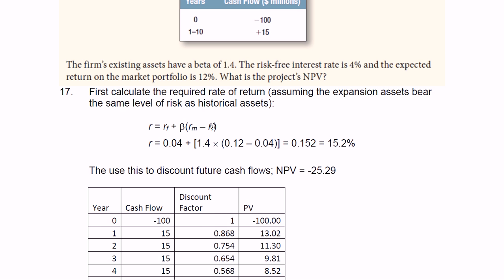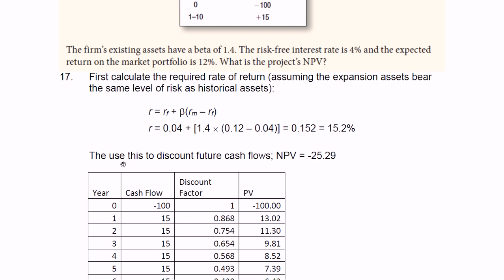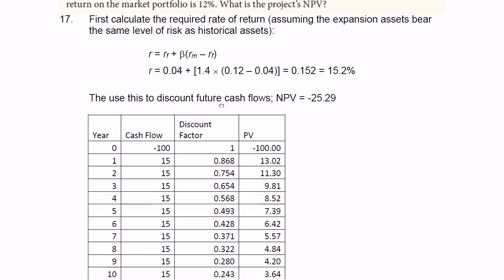And using the capital asset pricing model, the risk-free rate is 4%, beta 1.4, and the market portfolio is 12%. This is the risk-free rate, and this is the risk premium, and we get the expected return is 15%. And we use this to discount future cash flows.